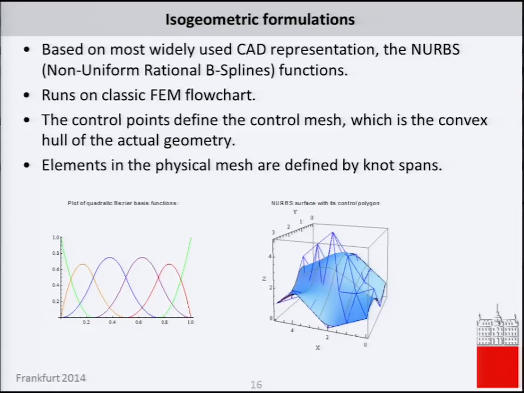Eventually, we end up with pretty much the same structure of the problem as with finite elements. It's just that the formulation of the shape functions is quite a bit more complex. Also, the remeshing becomes quite complex.